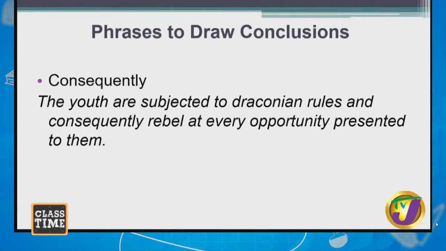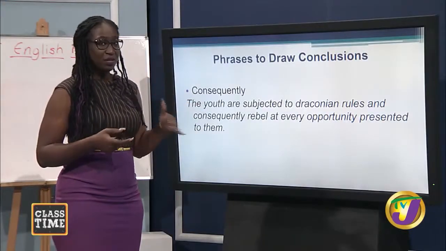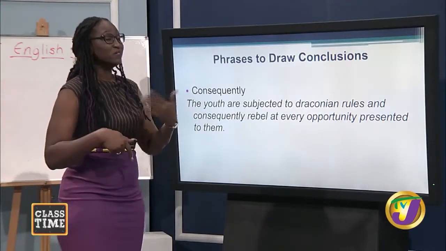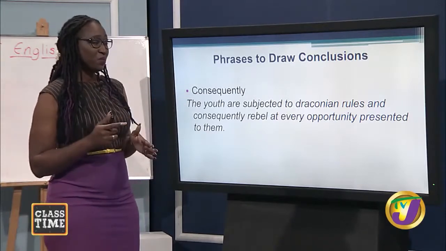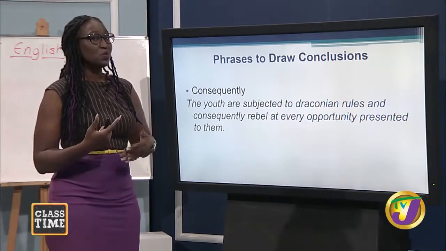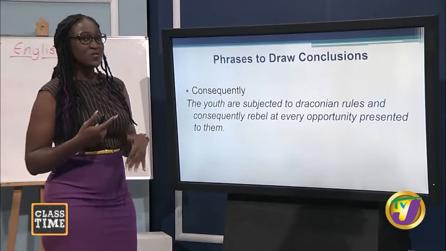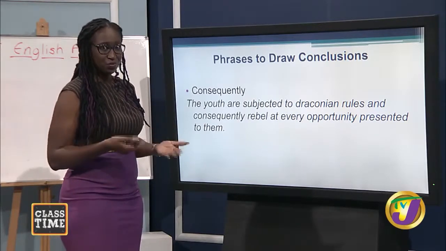So right here, you have drawn the conclusion that because the young people are used to being bullied into obeying different rules, then when they don't have a rule to follow, they'll just go wild and free. So that is a conclusion that is being drawn. Not necessarily an accurate one, but it is still a conclusion. Because remember, you are writing persuasively. So you're trying to convince someone. So you might have to do a bit of exaggeration. We looked at all those devices already. So a little bit of exaggeration might do the trick.